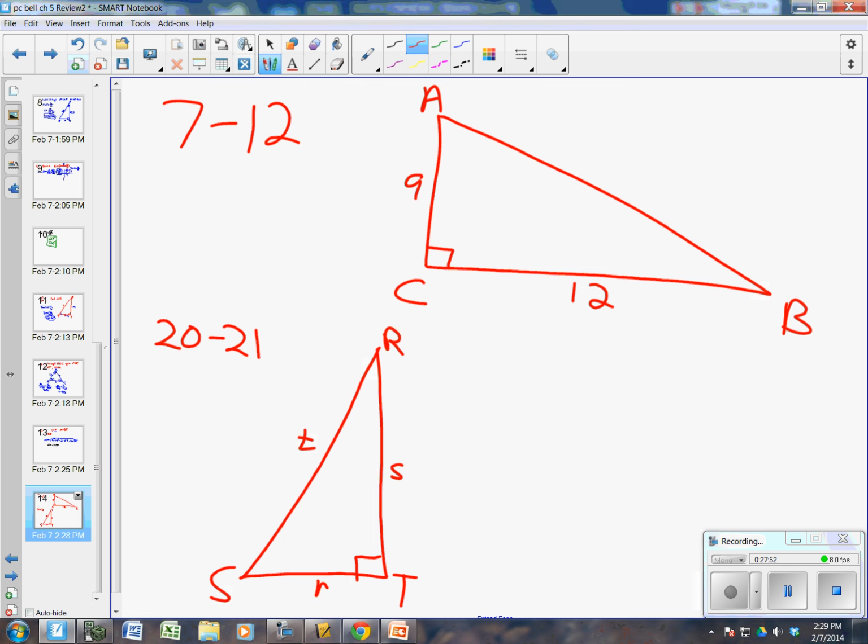And problems 26 through 27. Wait, hold on. You guys, this is the diagram for 26 and 27 right here. Sorry, got it wrong. This one is for 20 and 21. So this diagram for 20 and 21 is right here.